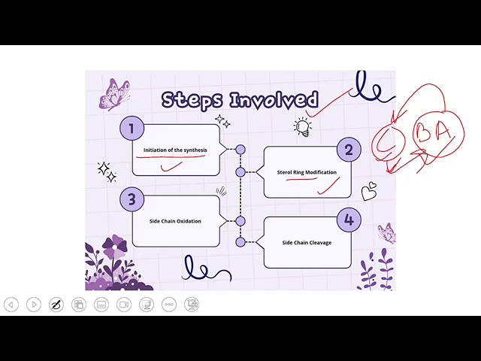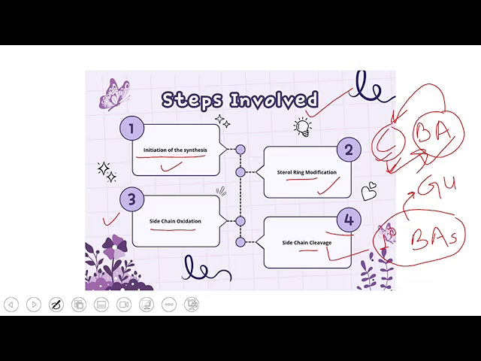And next, third stage is side chain oxidation, and fourth stage is side chain cleavage. Here in the side chain cleavage, we see there is synthesis of primary bile acids, and these primary bile acids undergo enterohepatic circulation and enter into the gut.